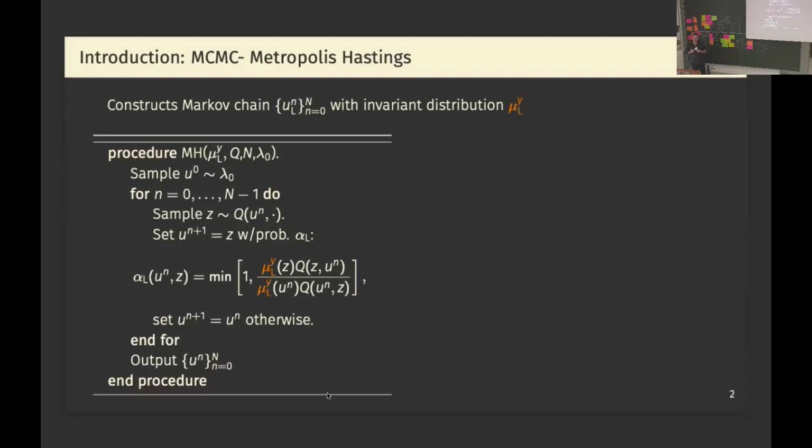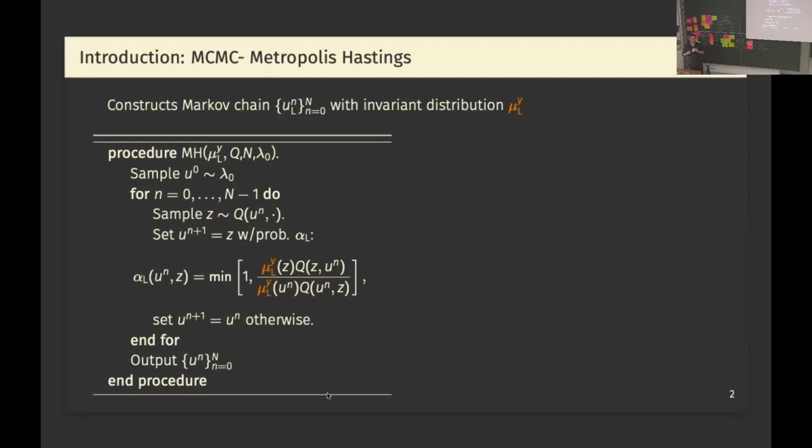And perhaps the best known Markov chain Monte Carlo method is the Metropolis-Hastings algorithm, which, in case you're not familiar with it, works by taking these two steps iteratively. You first propose a candidate state z from a proposal distribution Q that you know how to sample from.